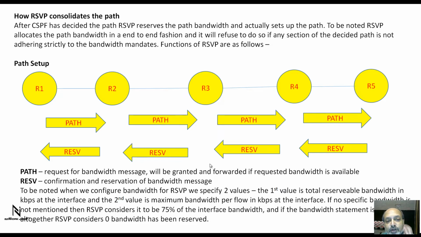Suppose I put a mandate on the bandwidth that the path should always enjoy 50 Mbps, right? Now RSVP sees that here it is 50 Mbps, here it is 50 Mbps, but here it is 49 Mbps. Once again, here it is 50 Mbps. RSVP will simply stop working.